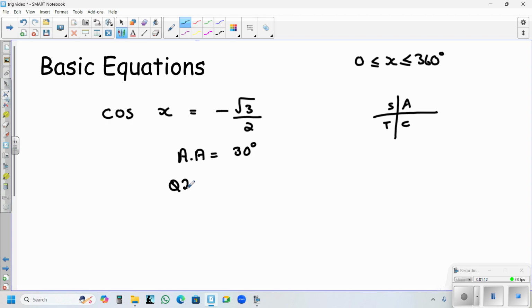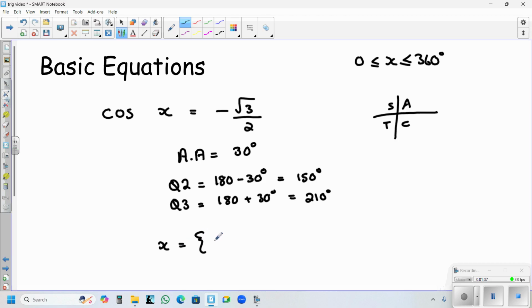So we've got an answer in quadrant 2, we've got an answer in quadrant 3. To get into quadrant 2, we do 180 minus the acute angle, so it's 180 minus 30. That would give me an angle of 150 degrees. To get into quadrant 3 is 180 plus the acute angle, so 180 plus 30 would take me to 210 degrees. That's it solved. We finish off by saying x is equal to, gather up our answers, so it's 150 degrees, and the other one is 210 degrees.